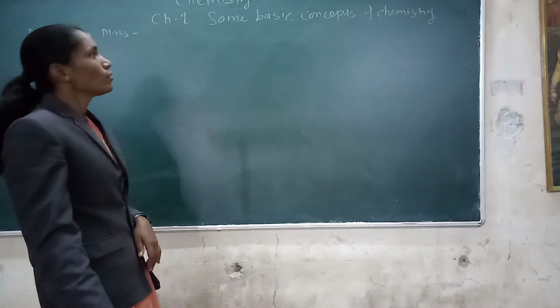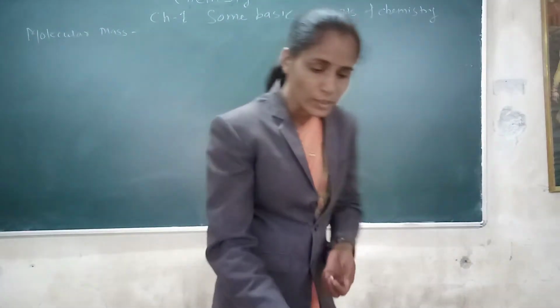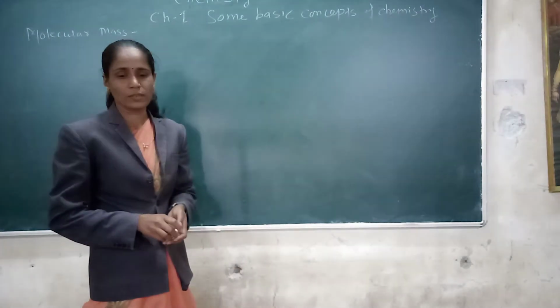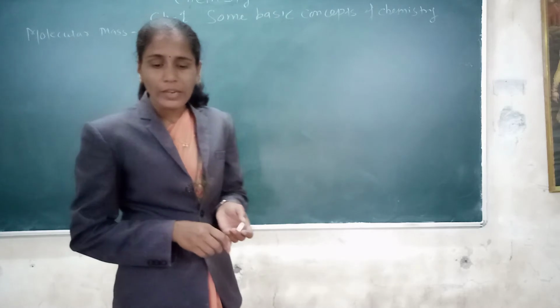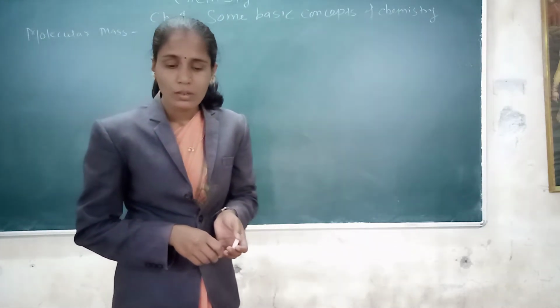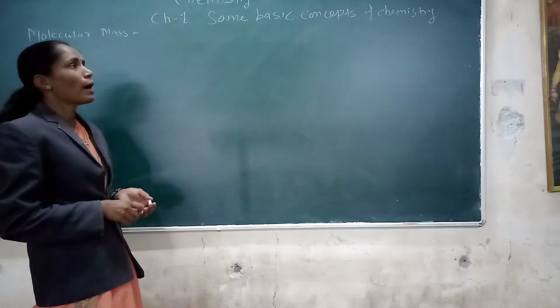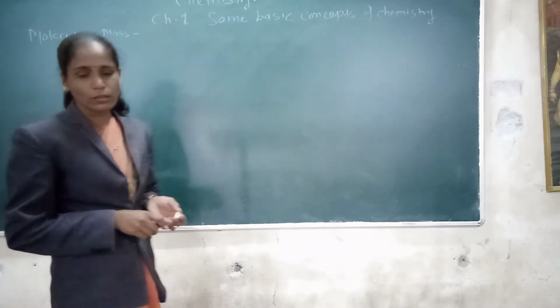In the last lecture we studied the average atomic masses of elements, that is, of isotopes, and learned how to calculate the average atomic mass of isotopes like carbon and neon.